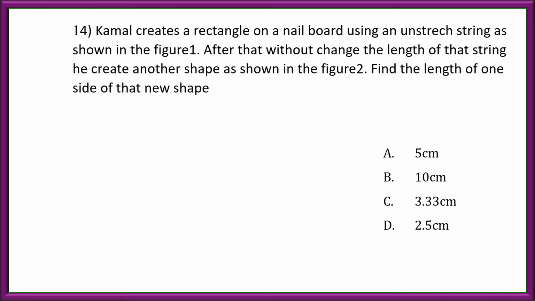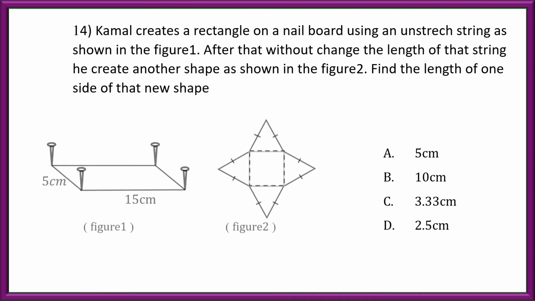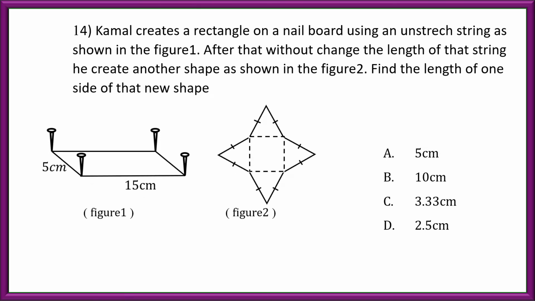Question number 14. Kamal creates a rectangle on a nail board using an unstretched string as shown in figure 1. After that, without changing the length of that string, he creates another shape as shown in figure 2. You have to find out the length of one side of that new shape.